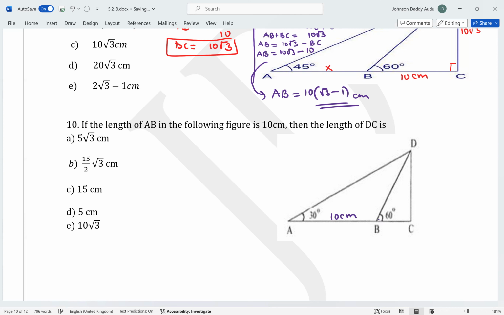So this is what we want. And what can we do here? Now let's see, if this is 60, that means that here is going to be 120, and it means that here is going to be 30 as well. So since this is 30, this also is going to be 10, right? So it means that these two sides are equal.